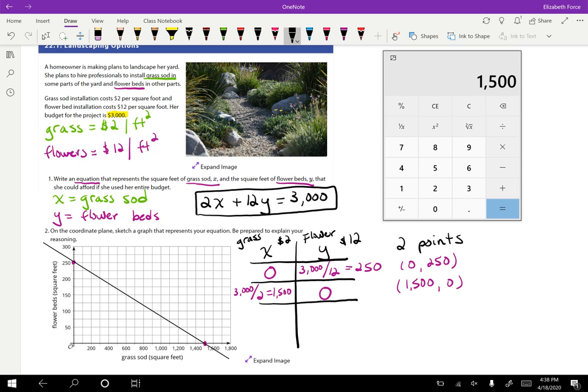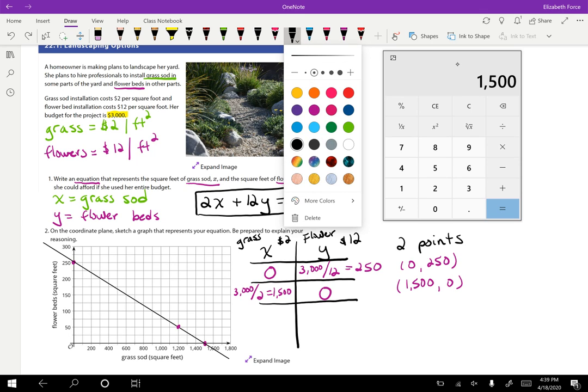Now, if you wanted to, you might be able to pull up a few more points on our table. According to my line, this is a really good possible solution. This is saying that if I have 1,200 square feet of grass, I can afford 50 square feet of flower beds. I'm just going to show you how you can double check to make sure that's actually correct.